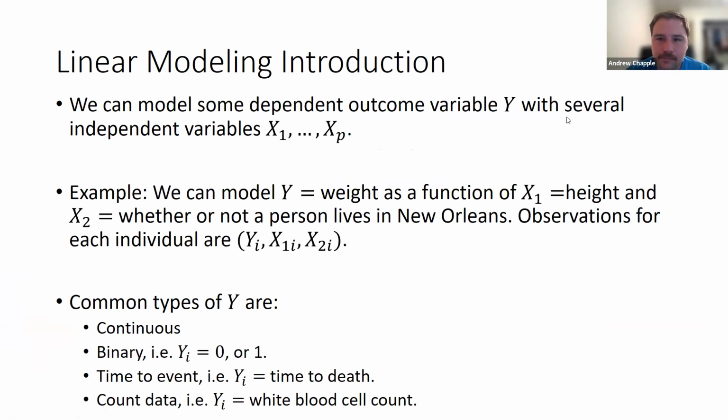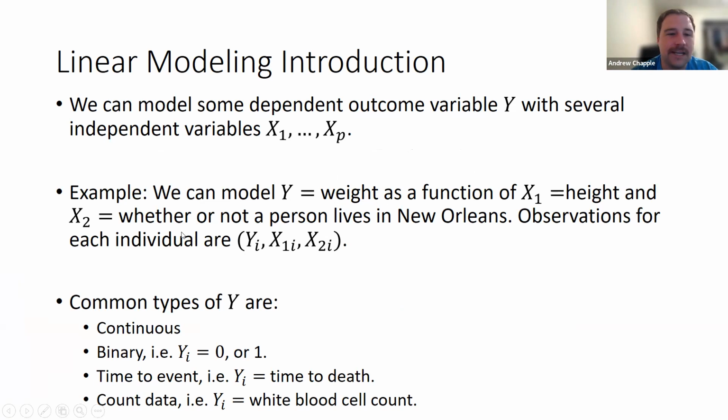As an example, we're still modeling an outcome variable y with P independent variables. So y could be weight as a function of x1, which is height, and x2, whether or not somebody lives in New Orleans. We have great food here. Maybe you tend to eat more and gain more weight.